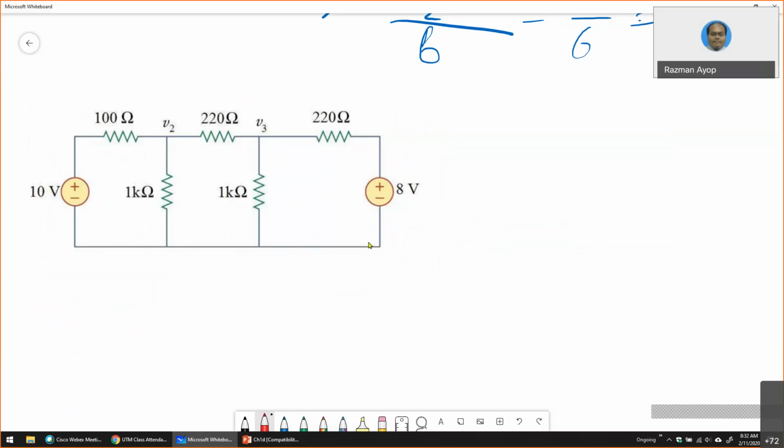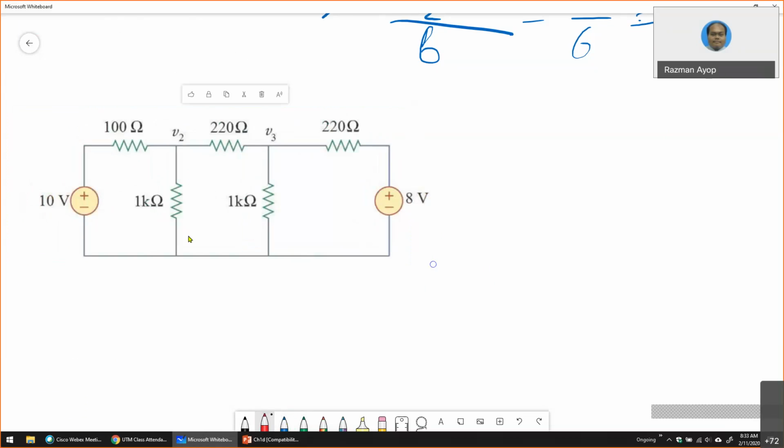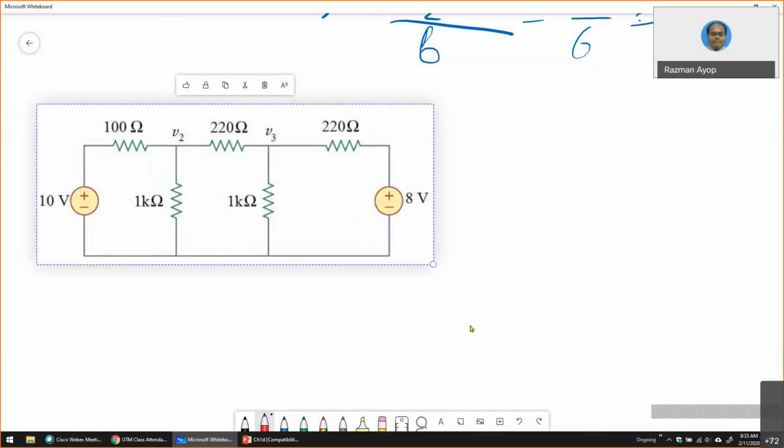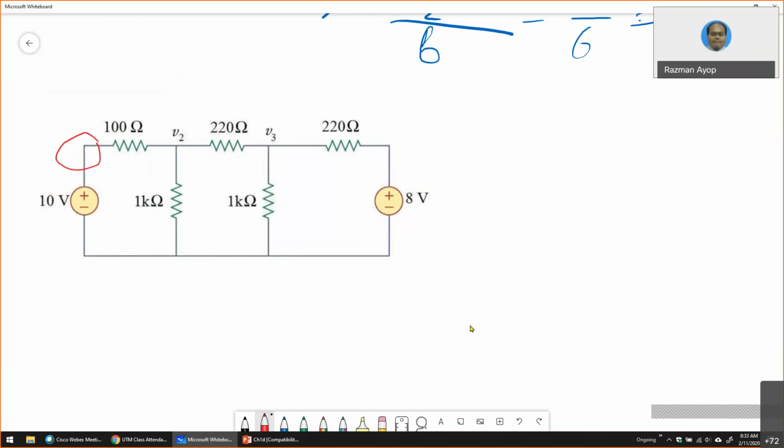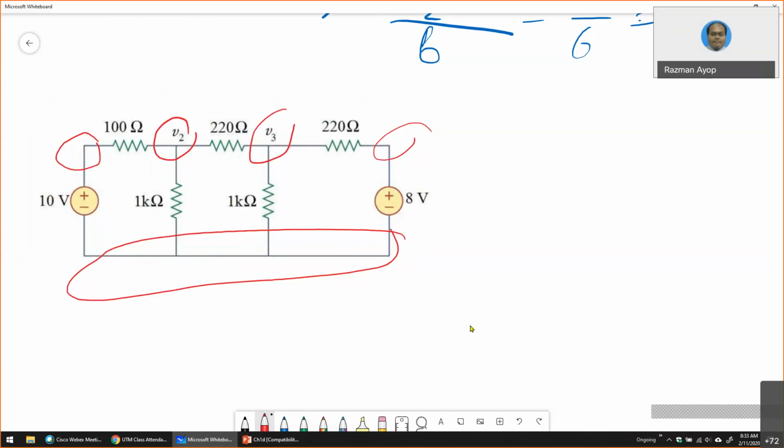So automatically, if you look here, there is 1 node, 2 node, 3 node, and 4 node, and 5 node. Okay, there are 5 nodes.